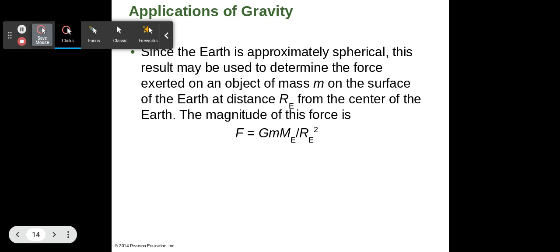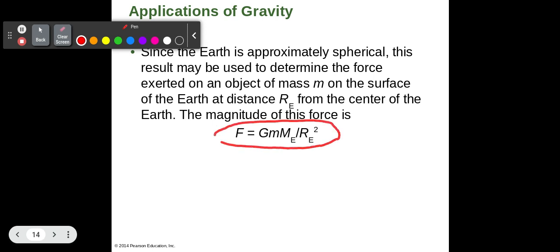Since the Earth is approximately spherical, the results can be used to determine the force exerted on an object on the surface of the Earth. So again, it doesn't matter if you're on the surface or at the center. You're going to use the same formula. Your radiuses and your masses will be different, obviously. So the radius is going to be the radius of the Earth.